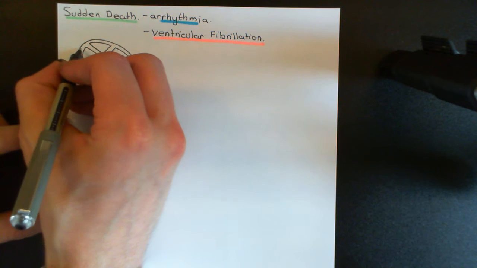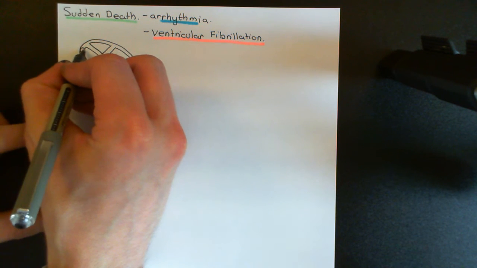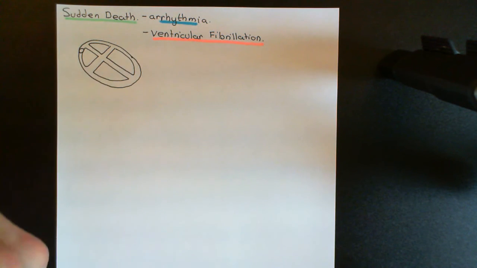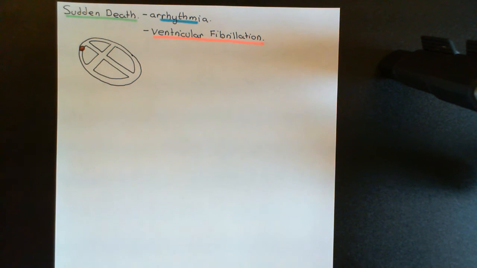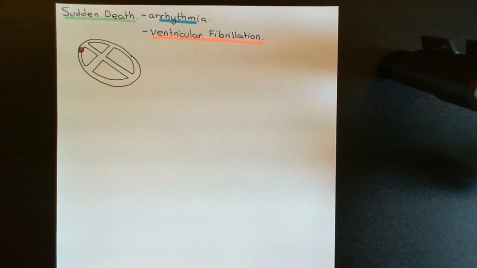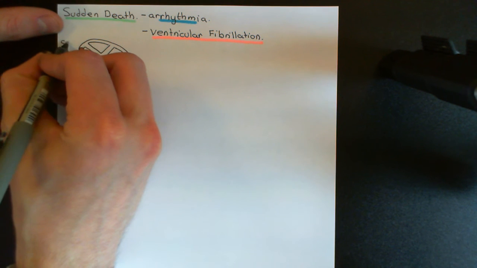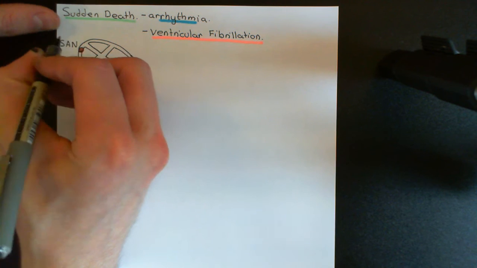So, let's start by putting the sinoatrial node on here. Up in the right atrium, there is a specialized portion of cardiomyocytes known as the sinoatrial node, and these cells are capable of generating electrical signals spontaneously at a rate of about 75 per minute. I'll just put SAN here for sinoatrial node.